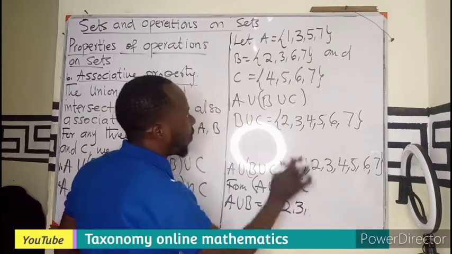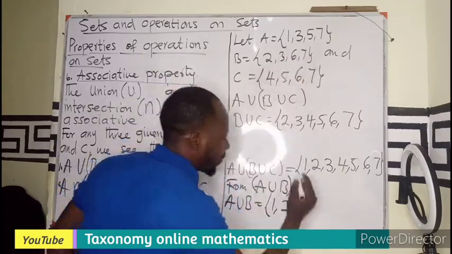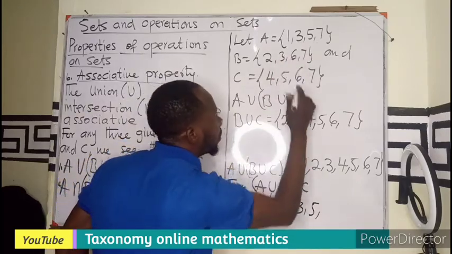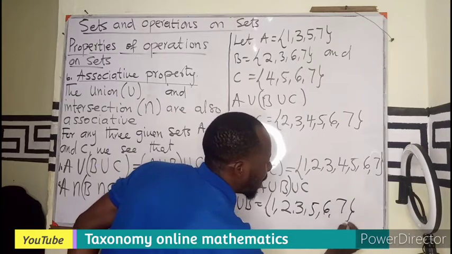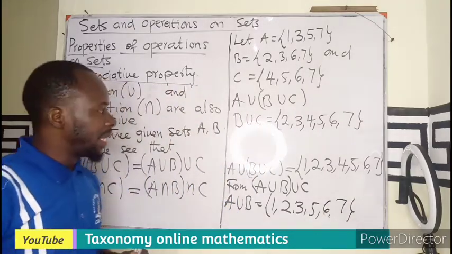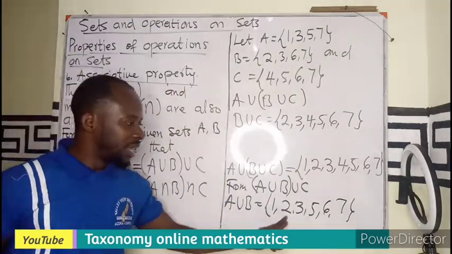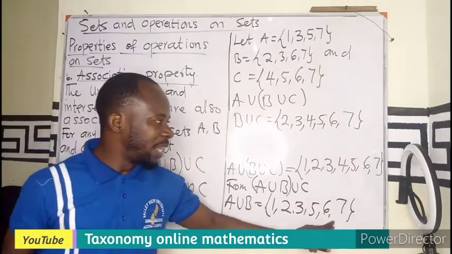Okay, we don't have 4. So 3, 5, 6, and 7. In that case, A union B is giving us these numbers without what?